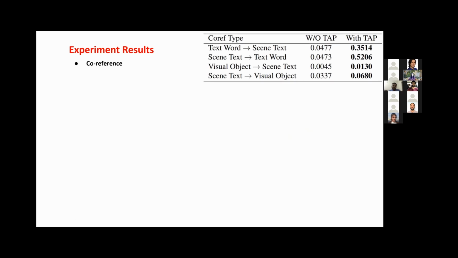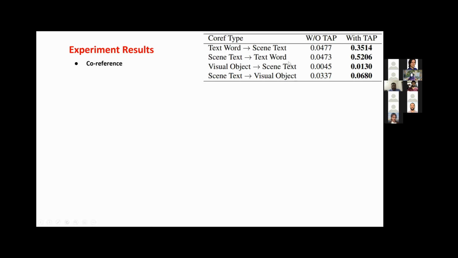Also, this table shows the co-reference scores with and without text-aware pre-training. These numbers represent the attention score between two semantically corresponding tokens averaged across all such token pairs in TextVQA. Higher co-reference scores imply a better aligned representation.